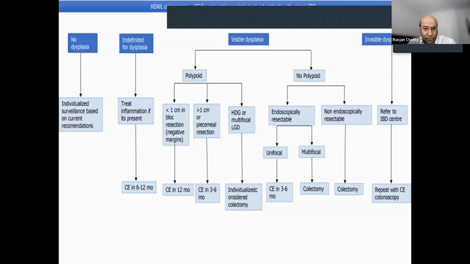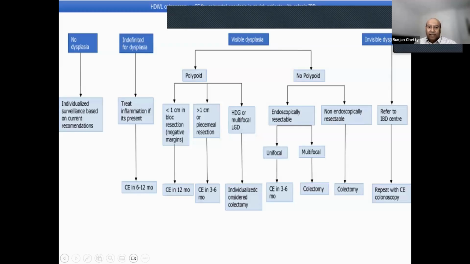An interesting new dimension to this is the presence of multifocal low-grade dysplasia. And if there's multifocal low-grade dysplasia, colectomy is a consideration in these patients. And again, it is dependent on the age of the patient and other risk factors. So it's a clinico-pathological decision.